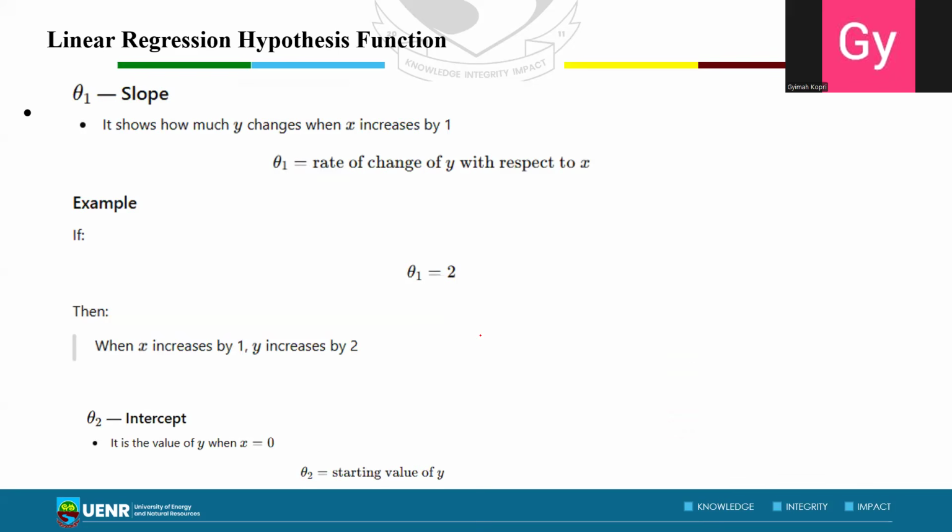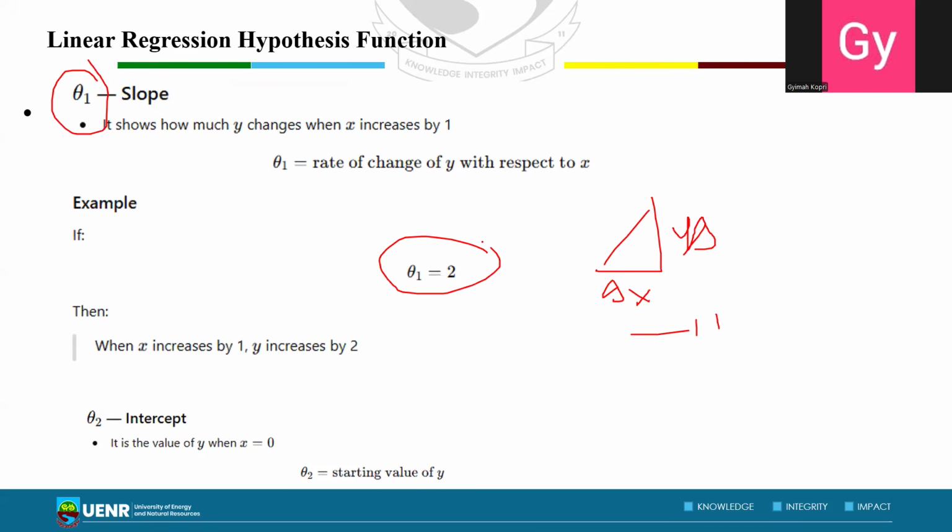Right, so let's explain then. We say that theta 1 is the slope. What does it mean? It's changing y over changing x. So it tells you that whenever x moves by 1, how does y also move?